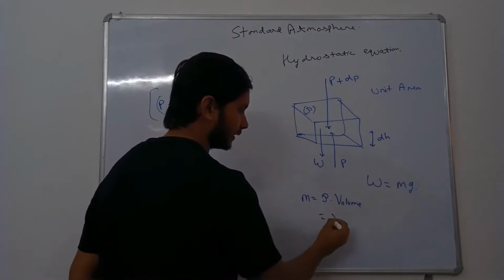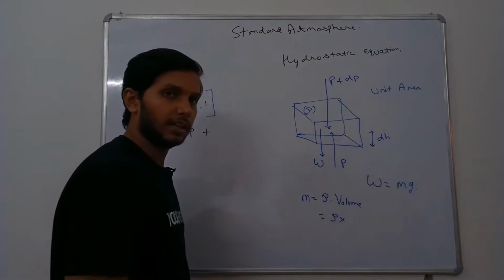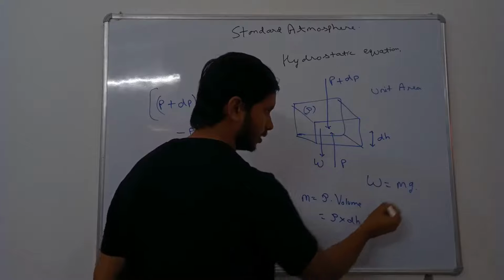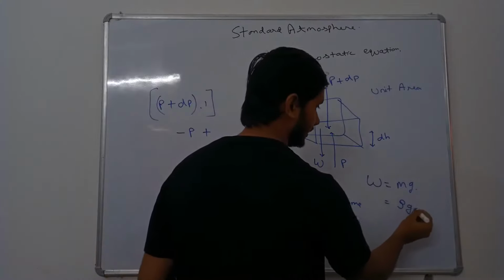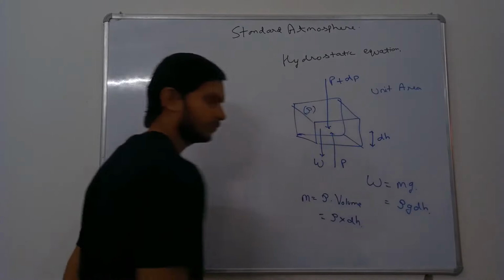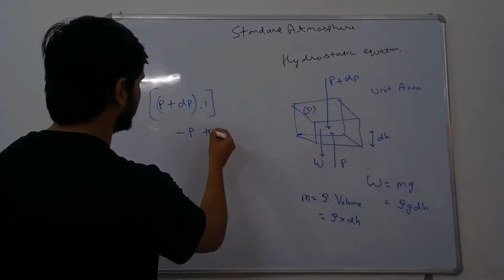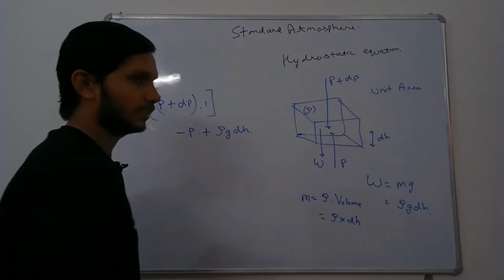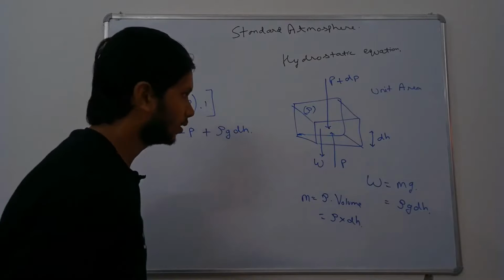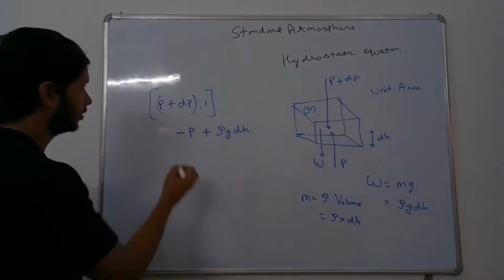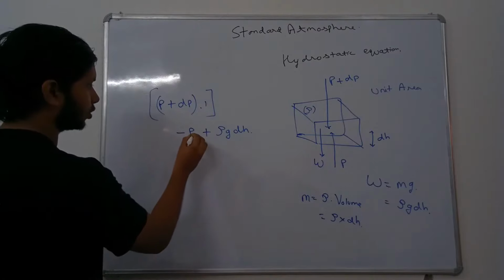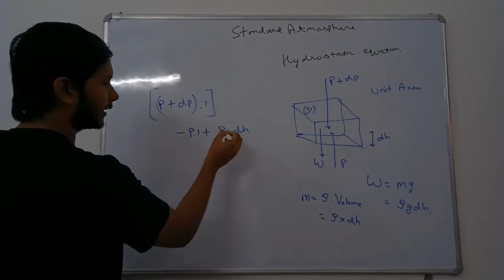Volume is area into height, so it will be rho into dH, so the weight is rho g dH. So we have (P plus dP) minus P plus rho g dH, and the P minus P cancels.